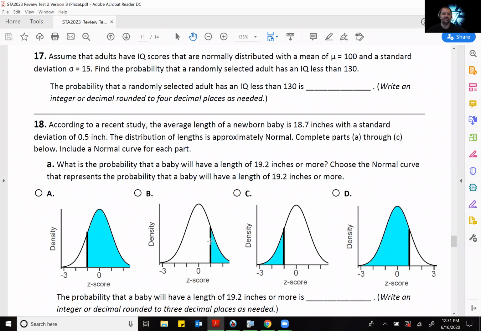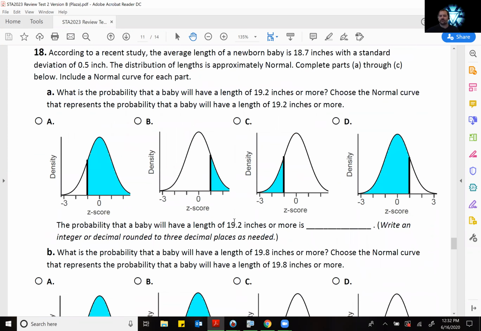Now, what is the probability? Would that be 0.84? Oh, wait, sorry. Careful. I did the opposite one. 0.16. Well, let's double check.